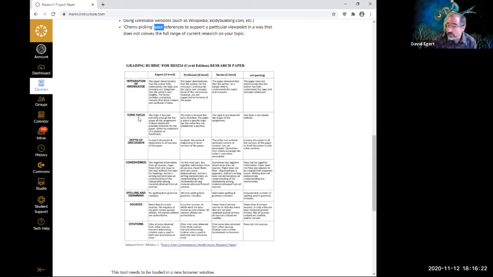Topic focus. Like I've mentioned, in science, some of the interesting things are way too broad. You have to be able to focus in on something that's not too narrow, but not too broad. So topic focus means, are you biting off a reasonable amount in terms of what you're actually talking about?